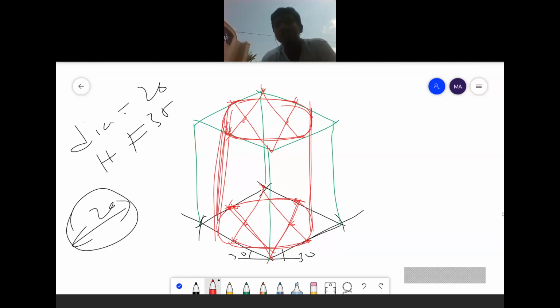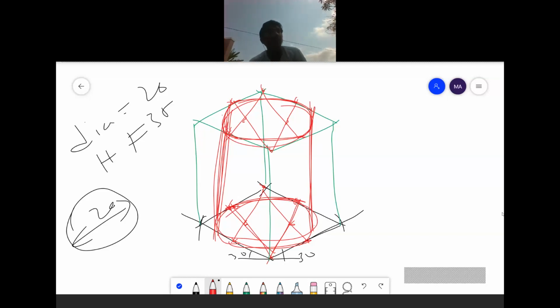Only the cylinder should be dark. In the cylinder, only this bottom circle, the top circle, and these two lines should be dark.